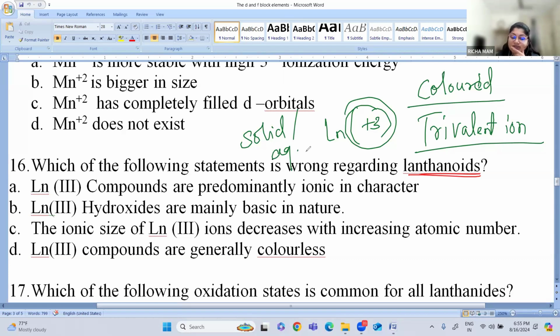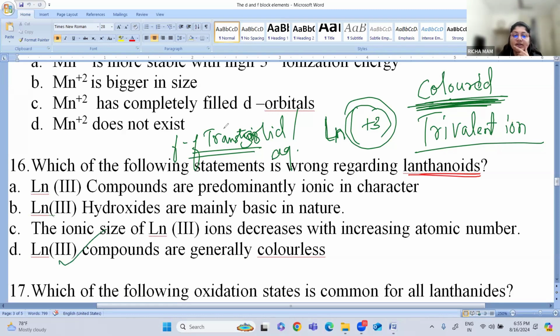And why does the color of the ions exist? Because they absorb light from the visible region, and they undergo f-f transition. Because of the f-f transition, the lanthanoids have partially filled f orbitals.